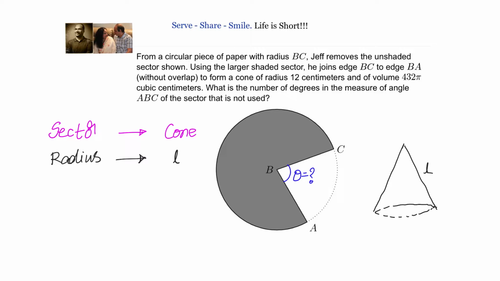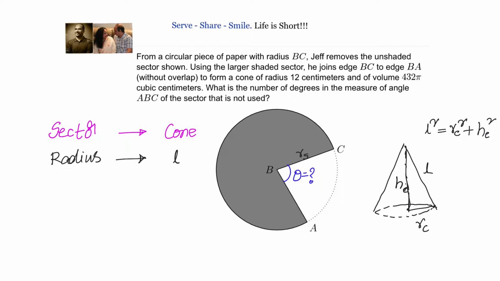This is L of the cone, this is the radius of the sector, and this is the radius of the cone, and this is the height of the cone. We know L square equals r square plus h square. What else do we know? The radius of the sector will become the slant height.